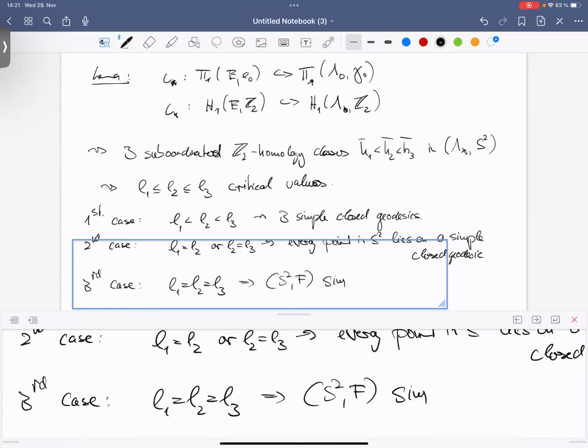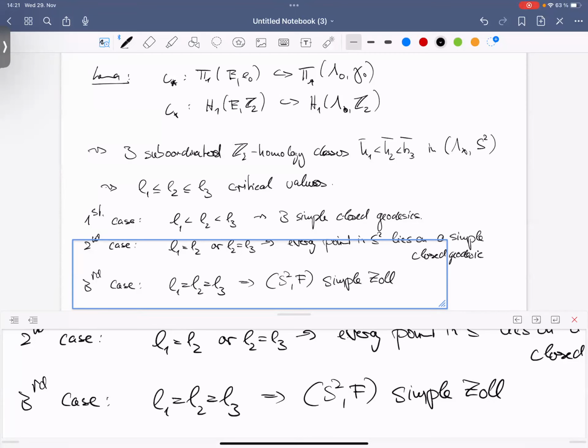And this is what's called simple Zoll. A Zoll metric is a Riemannian metric, or Finsler metric for that matter, such that all geodesics are closed and have the same length. And simple then means they don't have any self-intersections.